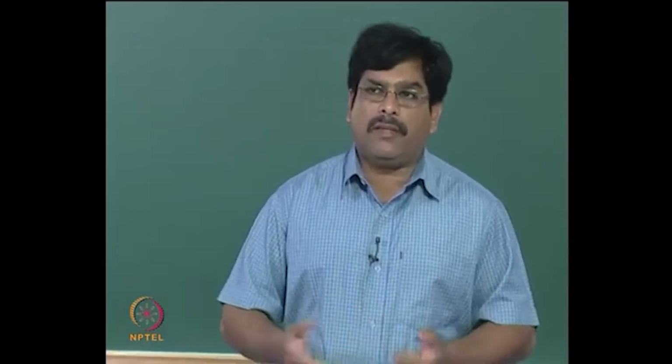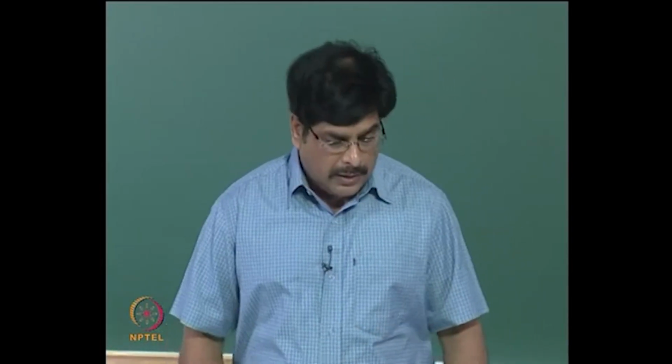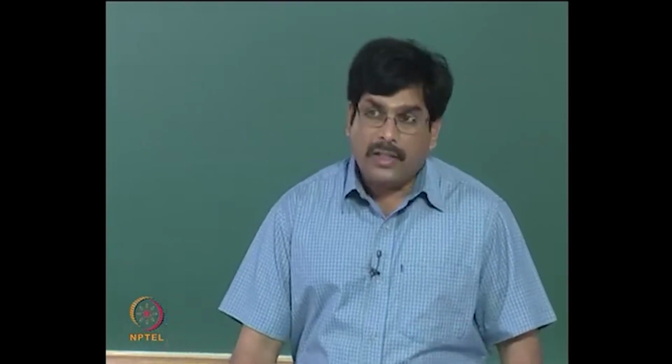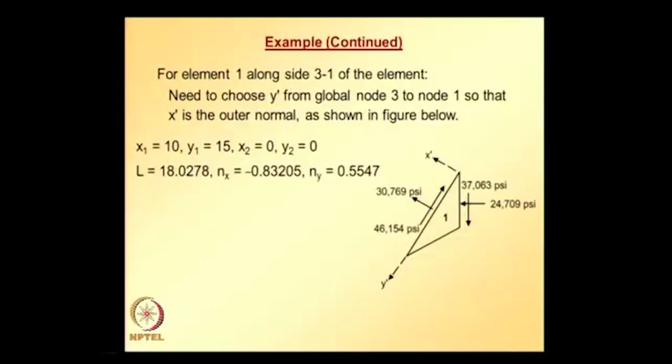Using that information we can calculate the normal and shear components along the interface 1 3 or 3 1, and for that we need to know the element length, the line segment length connecting nodes 1 and 3.